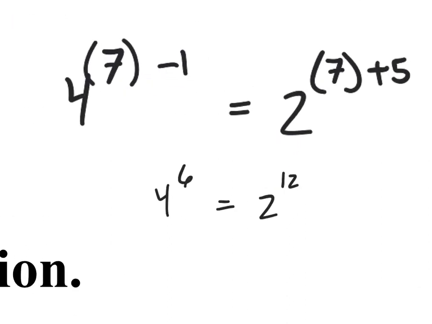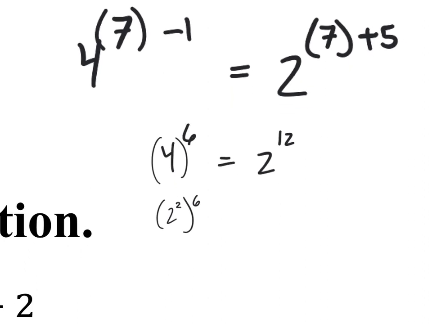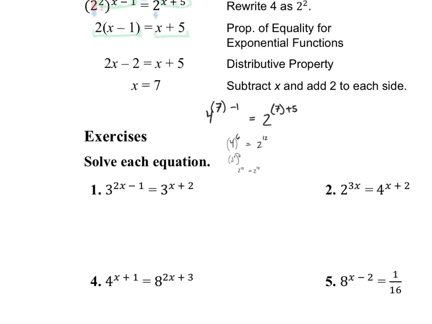If you wanted to see that reasoning by hand, we could do that same trick as up above and realize that 4 can be the same thing as 2 squared. There's the 6. And then when you multiply those, you get 2 to the 12th is equal to 2 to the 12th.